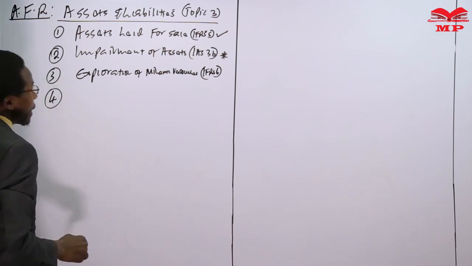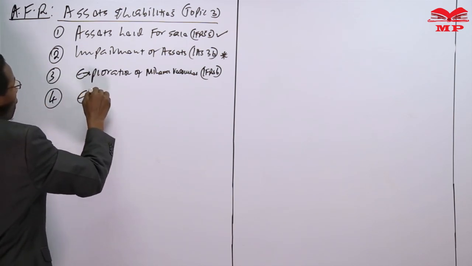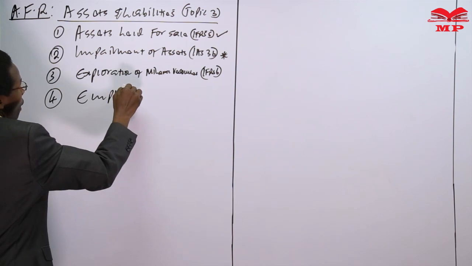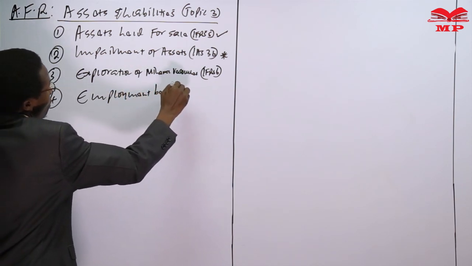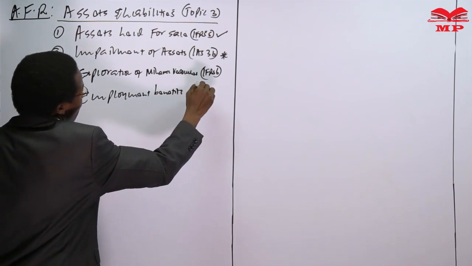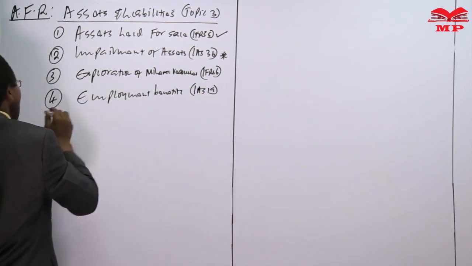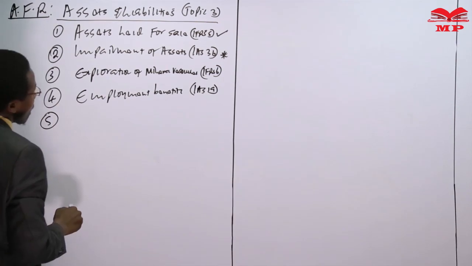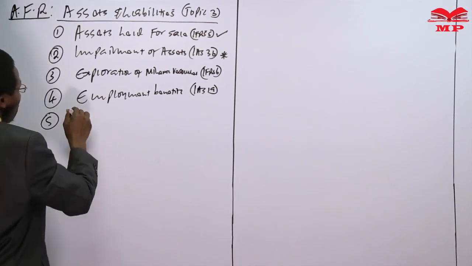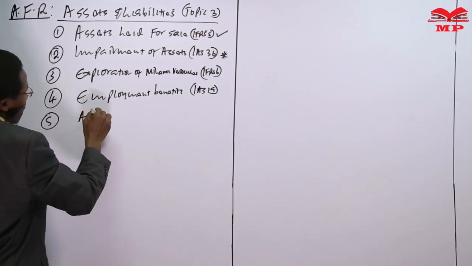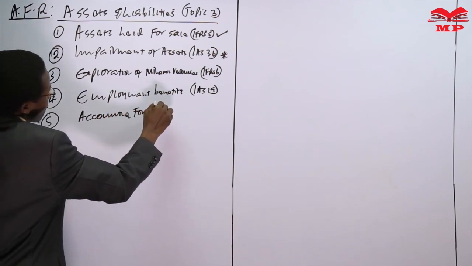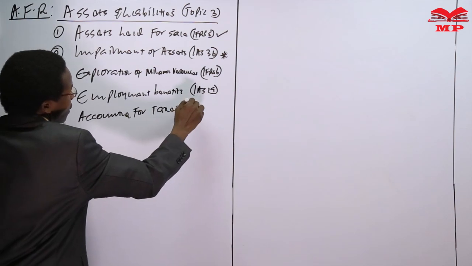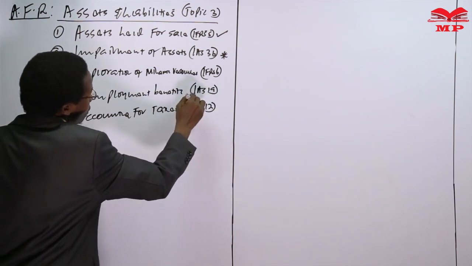Then we'll also look at employment benefits, which is IAS 19. After employment benefits, accounting for taxes, that is IAS 12.